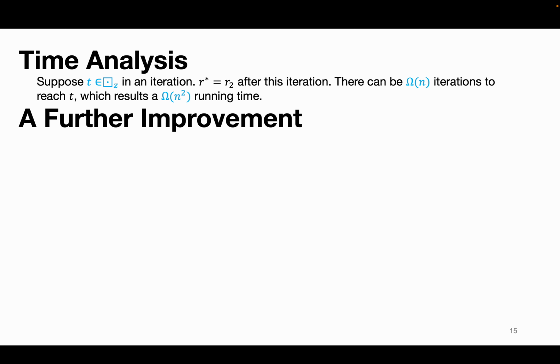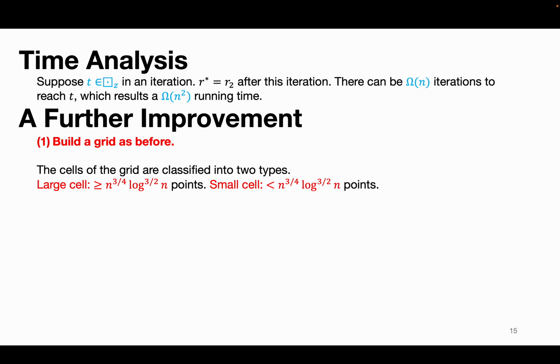The first step is building a grid as before, but next we need to classify the cells of the grid as two types, the large cell and the small cell. The threshold n to the 3 over 4 times log to the 3 over 2 n is carefully chosen to balance the running time.